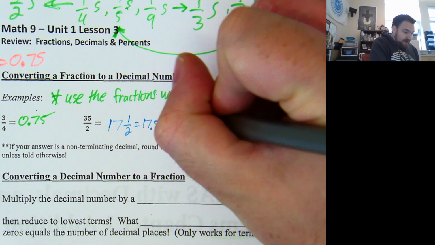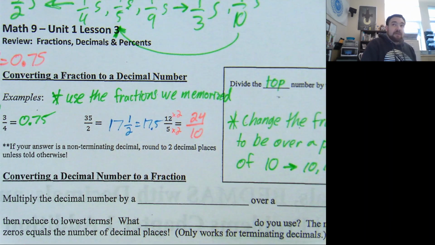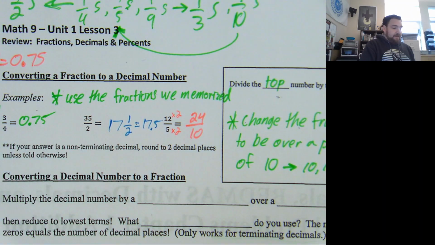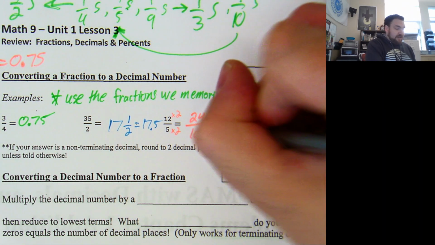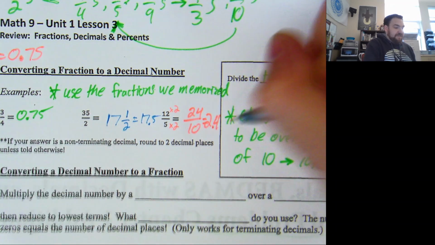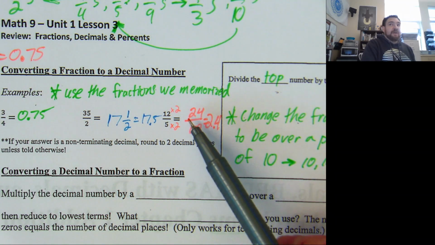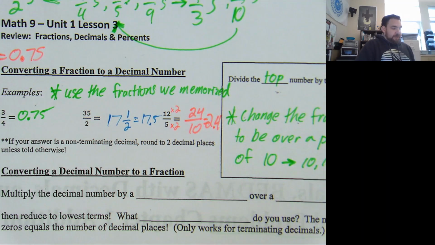So I can multiply top and bottom by 2. What that's going to give me here is 24 over 10. Which is just 2 and 4 tenths. 2.4. The 4 is in the tenths, and the 2 is my wholes. 24 over 10 is 2.4.